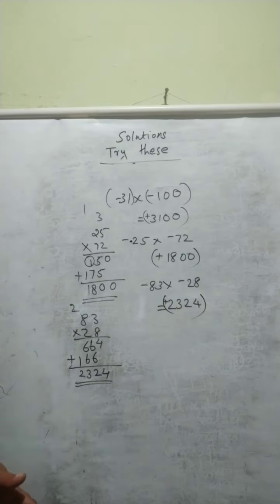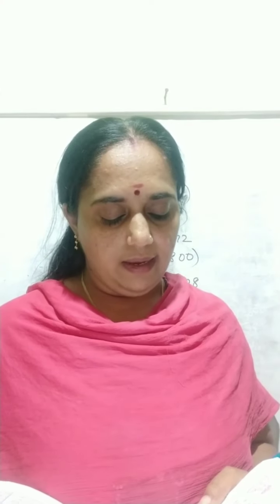Now we can discuss page number 14. Think and discuss. Then write. That means the product negative 5 multiplied by negative 9 multiplied by negative 6 multiplied by negative 3 is positive, whereas the product negative 9, negative 5, 6, negative 3 is negative.